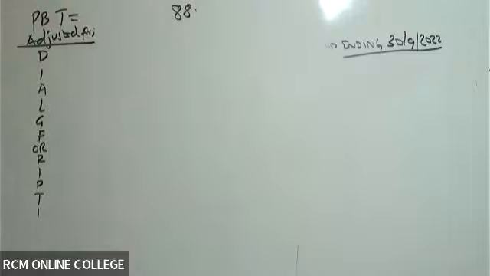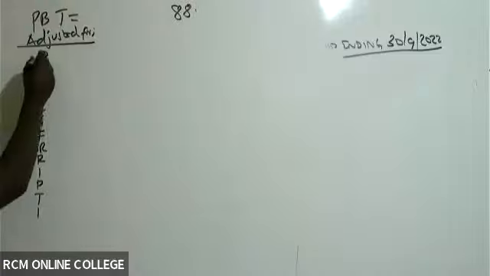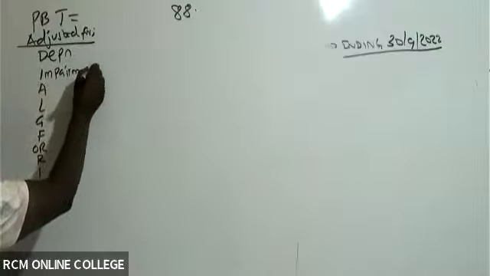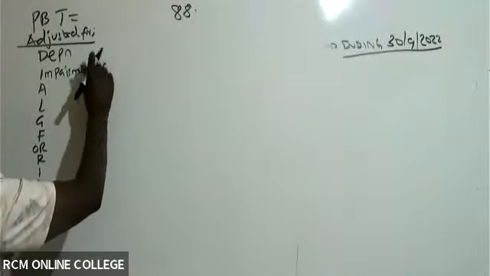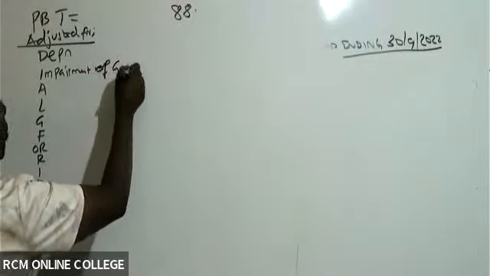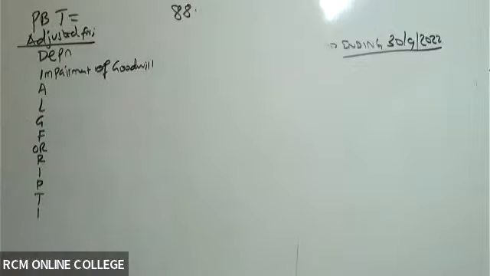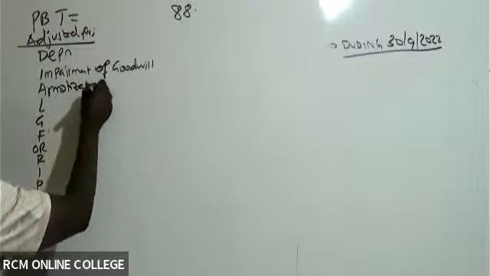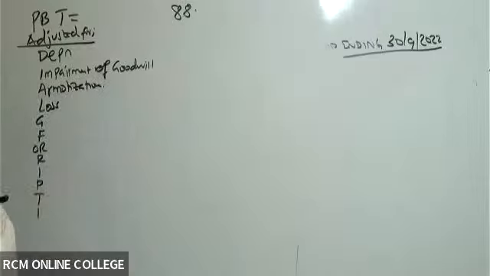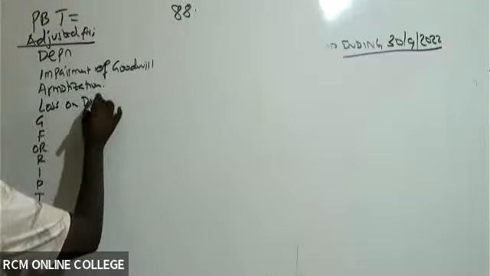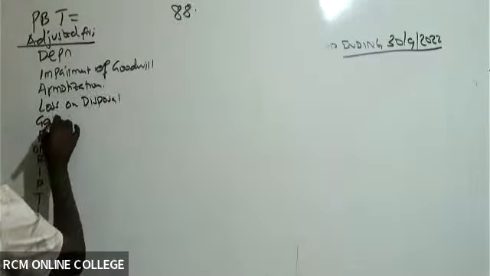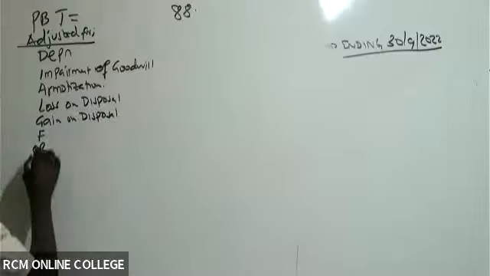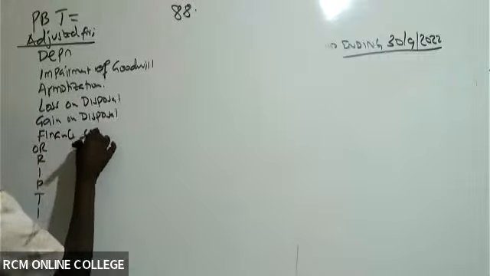So this one here is depreciation, impairment, but just say impairment of goodwill, no problem. Then we have amortization. We have here loss on disposal. We have gain on disposal. So we have here finance cost.